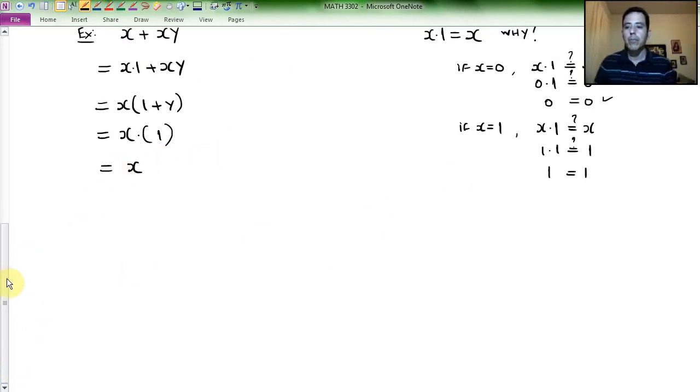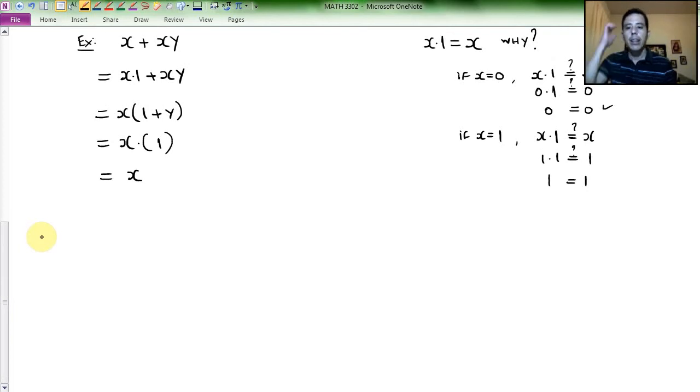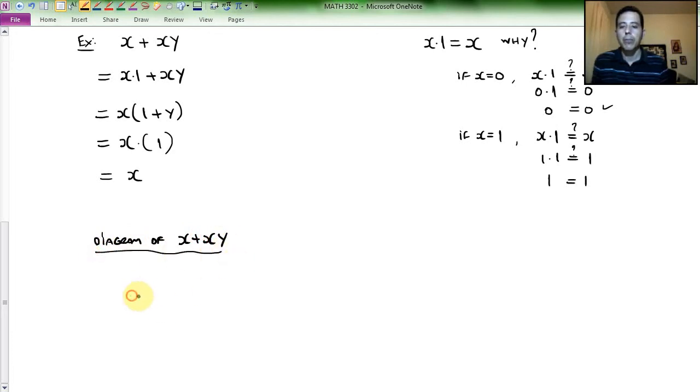Now, before I go to the next example of factoring, let me draw the diagram for this. The diagram of x plus xy is what? Well, here we have x, here we have y, and we're doing multiplication first, okay?